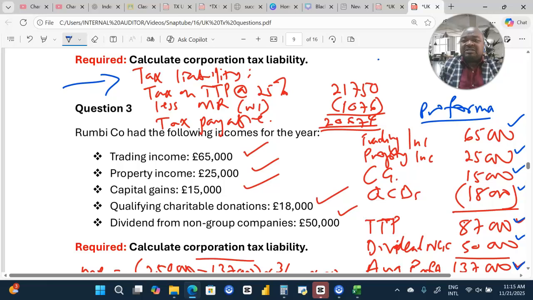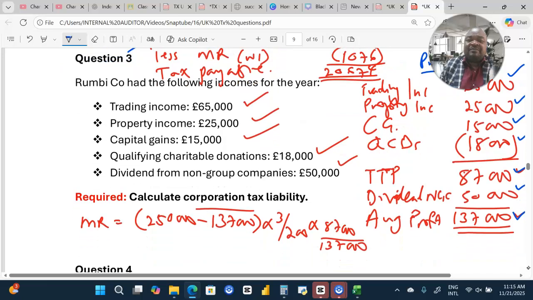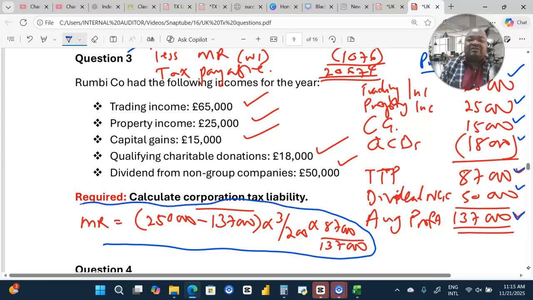Because the augmented profits are between £50,000 and £250,000, we first apply the main corporate tax rate of 25% on the TTP, and we get that amount. Then we reduce it by the marginal relief, and this was our computation of the marginal relief.